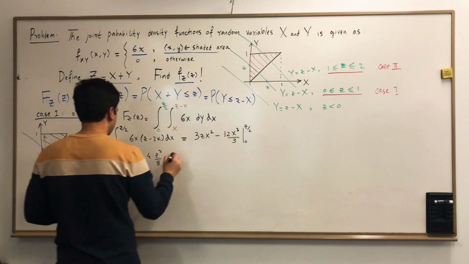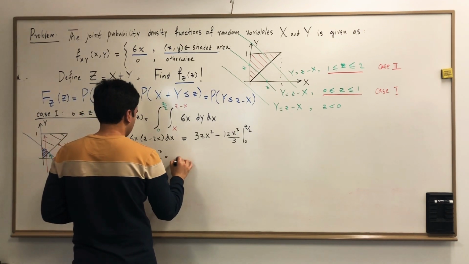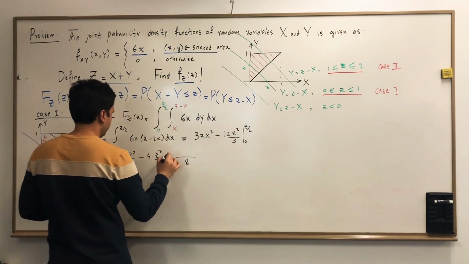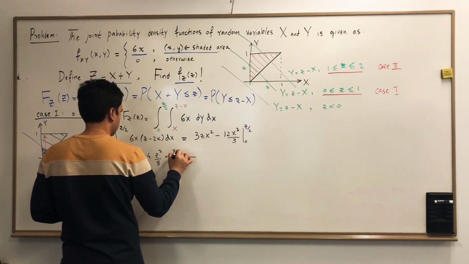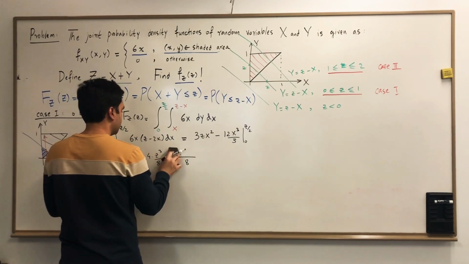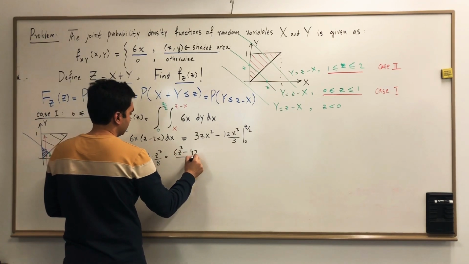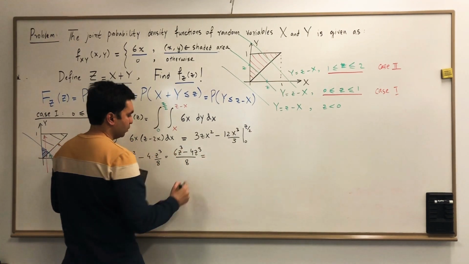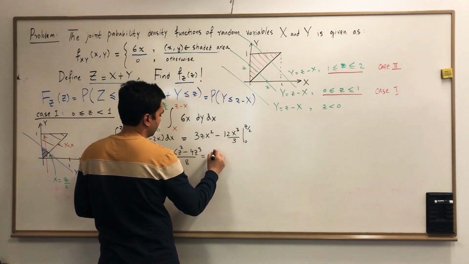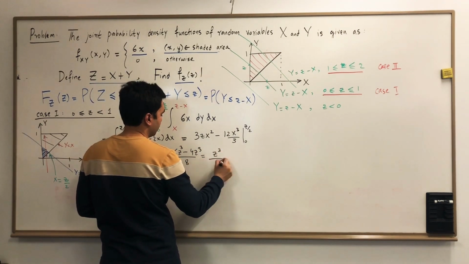and this turns out to be 3z cubed over 4, or 6z cubed minus 4z cubed over 8, which will be z cubed over 4.